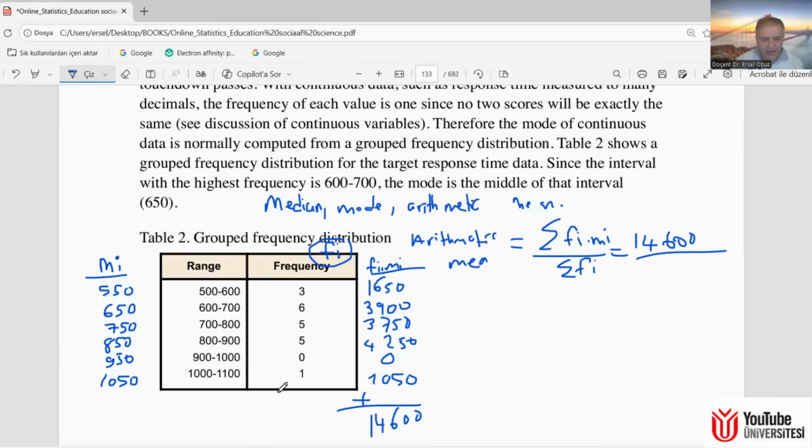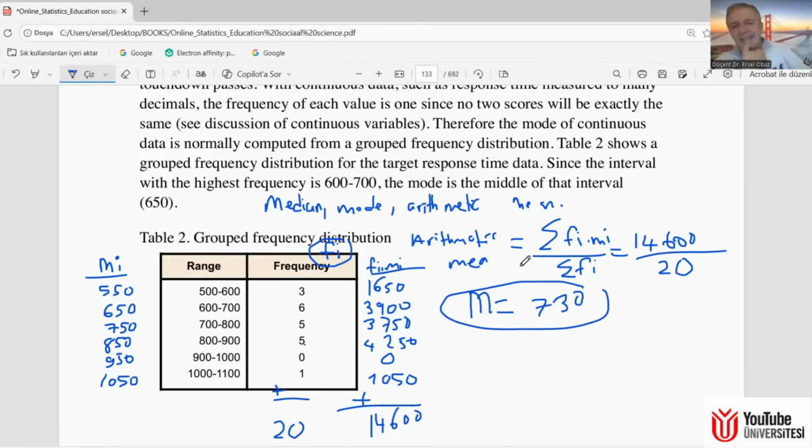And then let's add the frequencies up: 3, 9, 14, 19, 20. So we divide this by 20. So you get the arithmetic mean. Let's call it, for the sample, M, which is going to be 730.